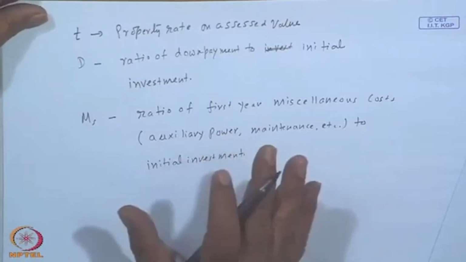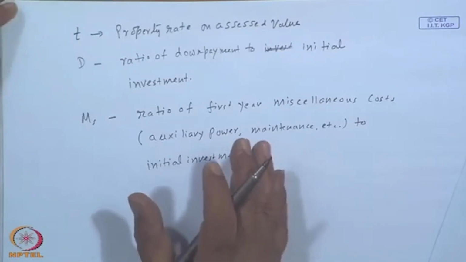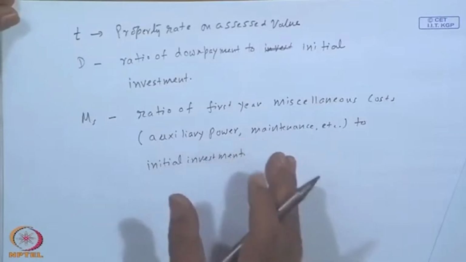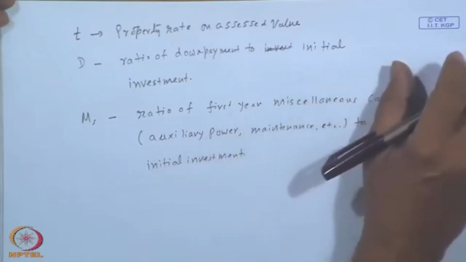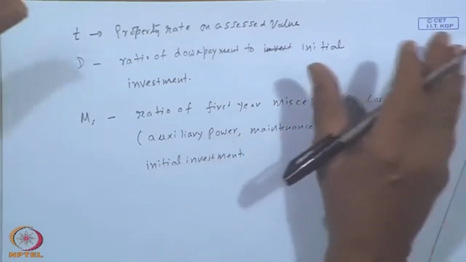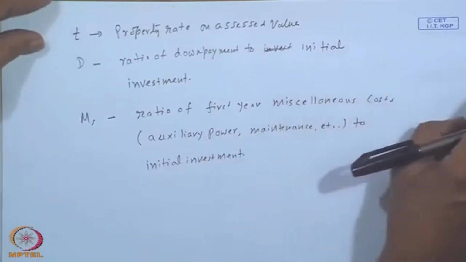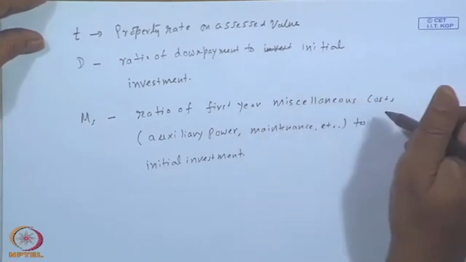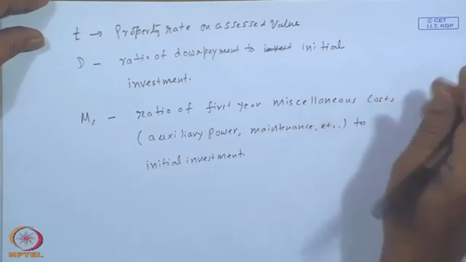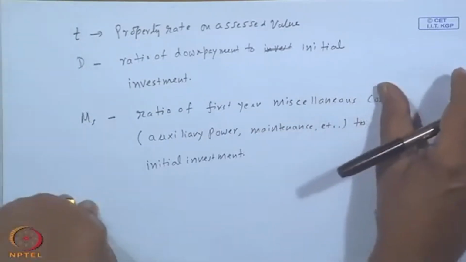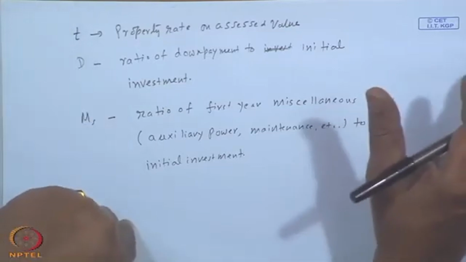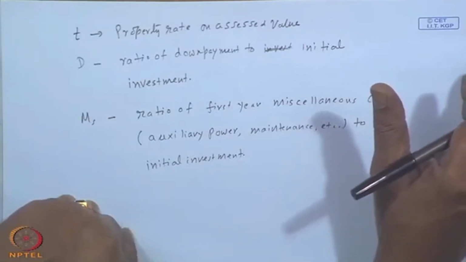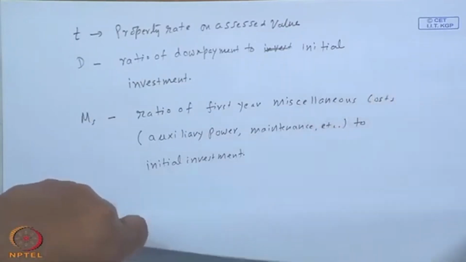So, this in a way is going to tell you, out of 32 lakhs or 40 lakhs, whatever you have invested on the solar energy system or in general anything, you need the ratio of the first year miscellaneous cost to initial investments. In other words, if it is a large property, probably your first year cost will also be higher, and if it is a small property, it will be less.